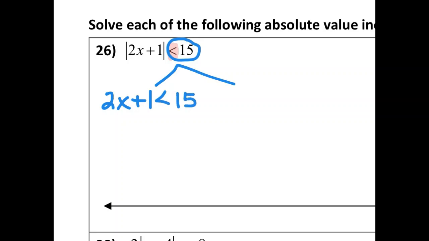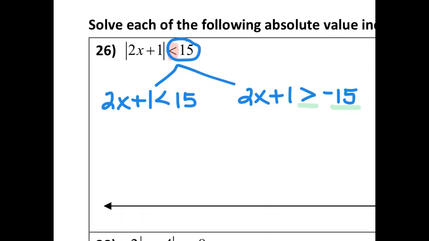And then on the other side, I'm going to write the same thing from inside the absolute value again, but this time I'm going to reverse the less than and make it greater than, and I'm also going to change positive 15 to negative 15. So notice that I changed 2 things here. I changed the less than to a greater than, and I changed the positive 15 to a negative 15.